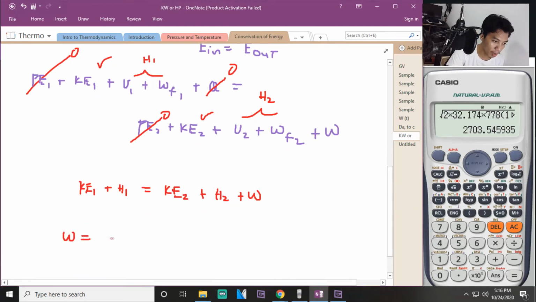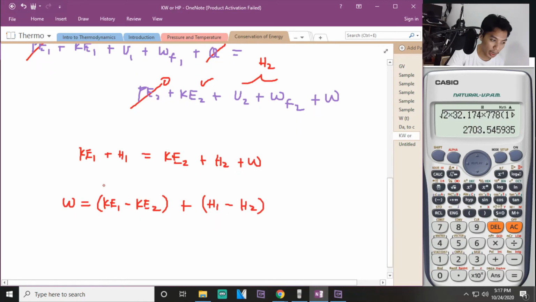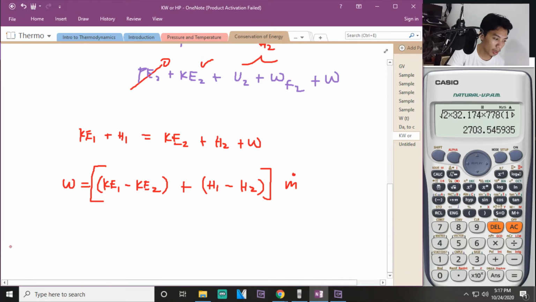Work is KE1 minus KE2 plus yung H1 minus H2. Kaya lang, hinahanap natin is the power output na. Kaya i-multiply natin to ng mass flow. Lahat, entirely. Okay.